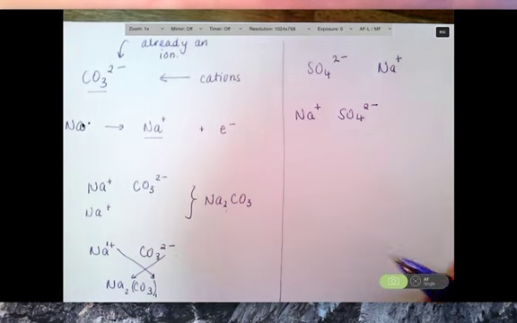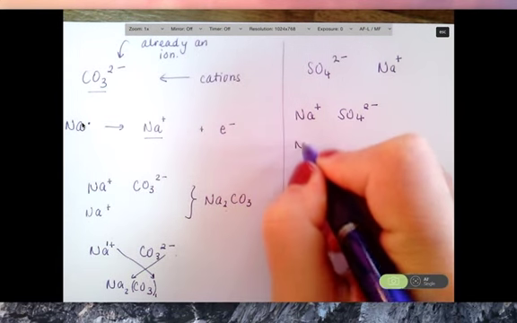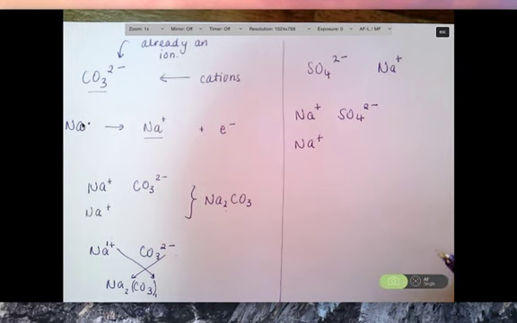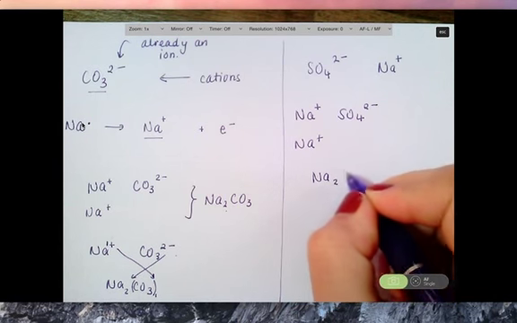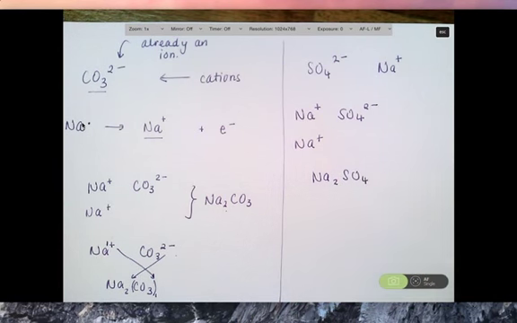We've got 1 sodium positive charge and 2 negative charges for sulfate. So I'm going to need 1 more sodium to ensure that this is a neutral compound made out of ions. So we put Na2 and then sulfate. Simple as that.